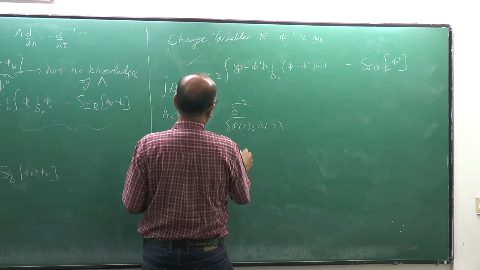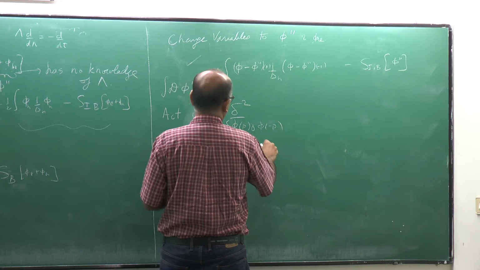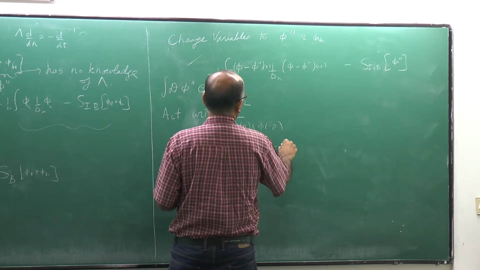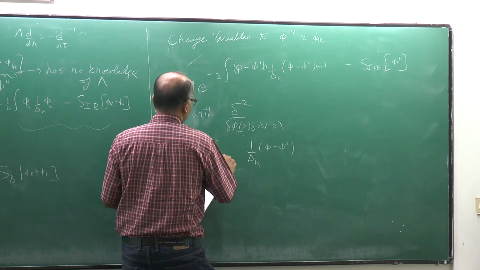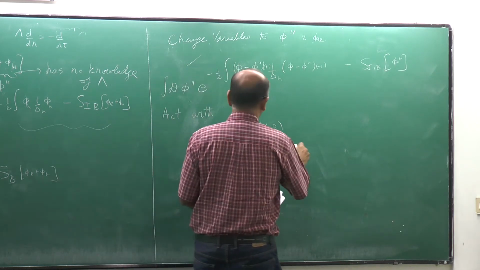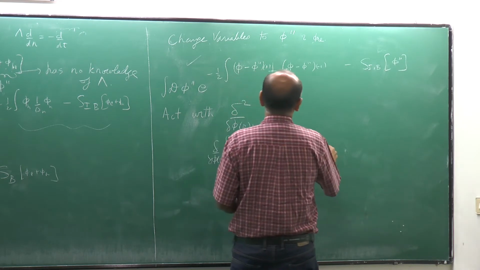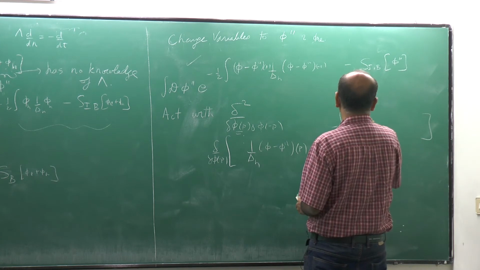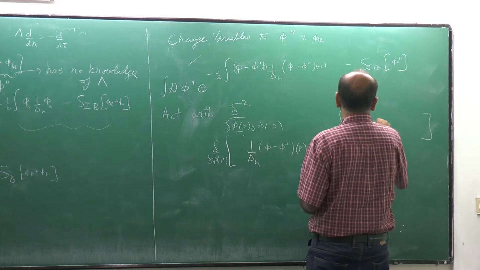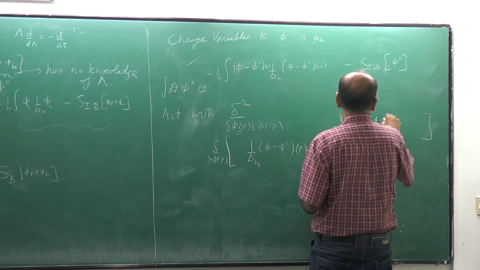The half goes away, and you get 1 over delta h, phi minus phi. So when I do those differentials, I get d by d phi minus p of this p times e to the power of minus the whole thing, where this whole thing is again phi minus phi double prime, 1 over delta h, phi minus phi double prime.